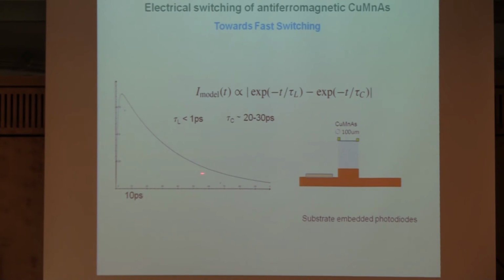With such a structure, you can apply quite large biases and use optical pulses, femtosecond pulses, which might even be circularly polarized.